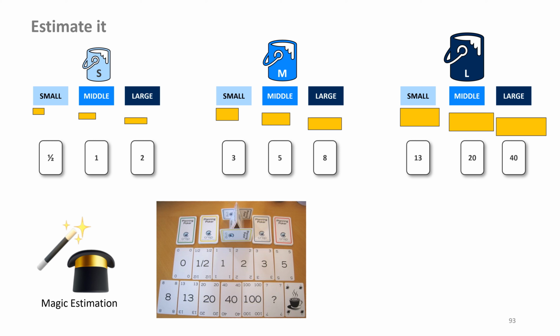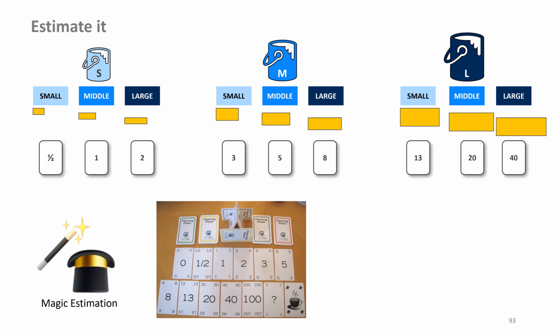Each team member gets a pack of cards. A user story is presented. After the presentation of the user story, everyone places one of these playing cards face down on the table in front of them.